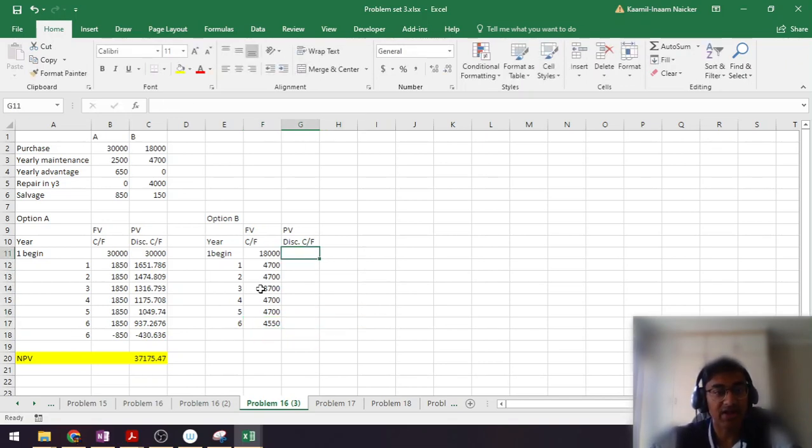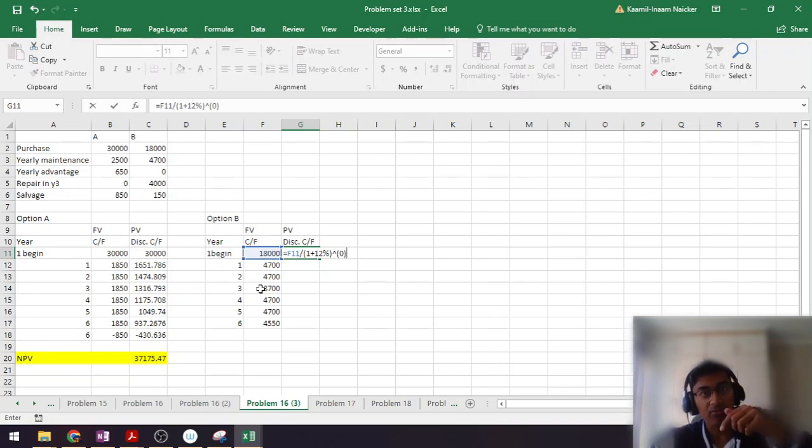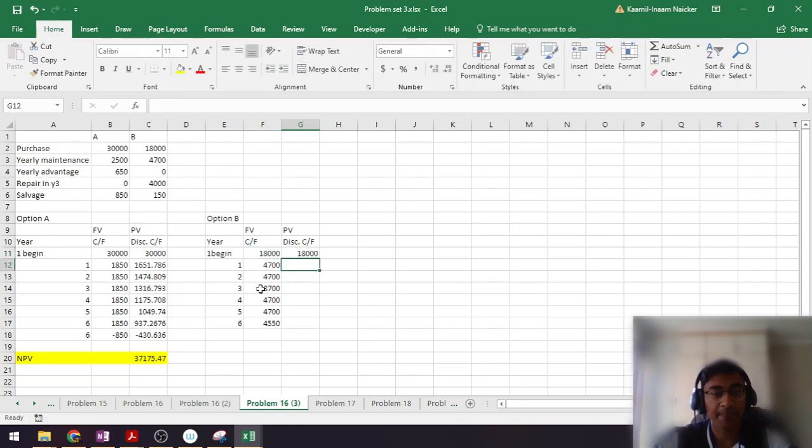Now let's go and discount all of these cash flows. So again, this is 18,000 divided by 1 plus 12%. And that is money that I'm paying right now at the beginning of year 1 times 0 for 0 years. Okay. The 4,700 needs to be discounted over 1 year only, because it's 1 year away from the present. Okay, year 2, this was 2 years away from the present.